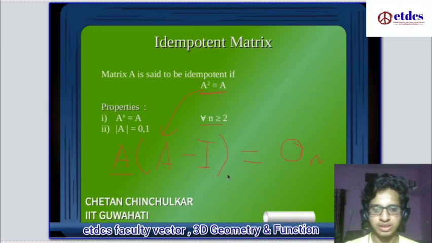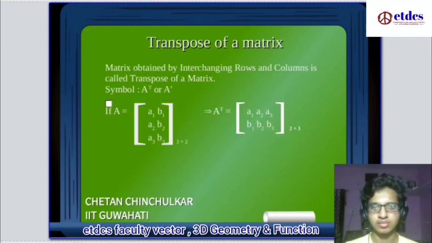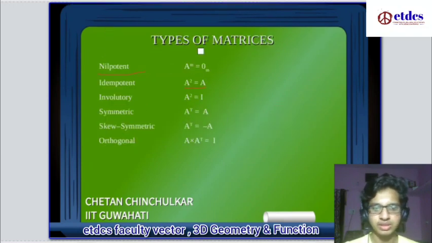So A can be either equal to the null matrix, where the determinant is 0, or A can be equal to the identity matrix, where the determinant is 1. Hence we proved that the determinant can be either 0 or 1, two values are possible. Similarly we can explain the other part also.